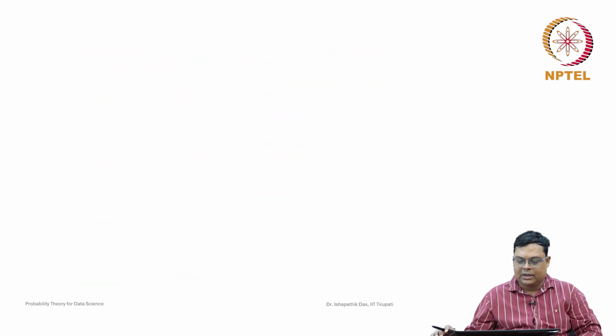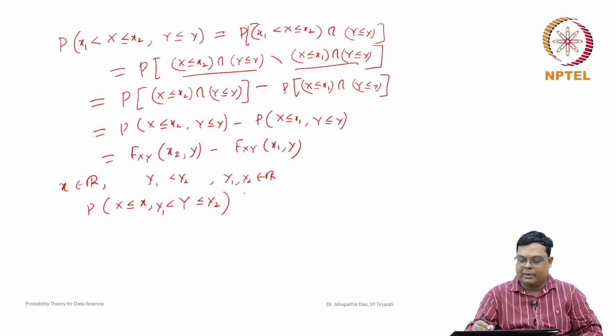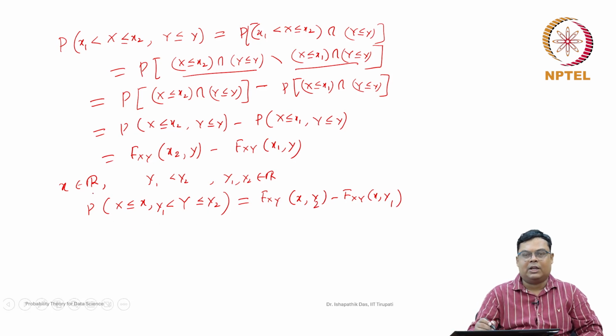This says that for the other coordinate, x is any real number and y1 and y2 are two real numbers such that y1 < y2, then the probability that x ≤ x, y1 < y ≤ y2 is nothing but F_XY(x, y2) minus F_XY(x, y1). Very similarly you can prove that.